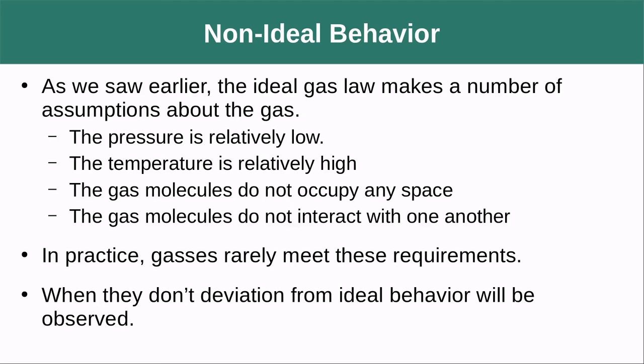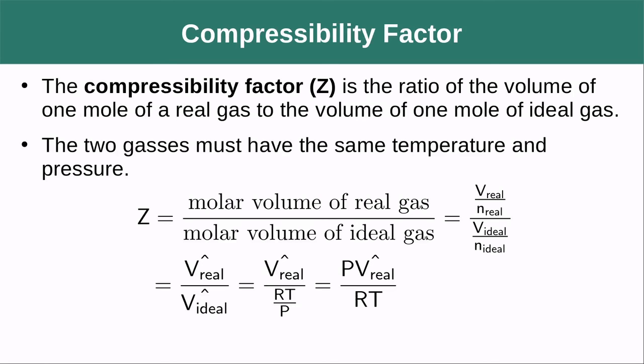Compressibility is one way that we can detect and quantify how much a gas is deviating from ideal behavior. The compressibility factor is the ratio of the volume of 1 mole of a real gas to the volume of 1 mole of ideal gas.